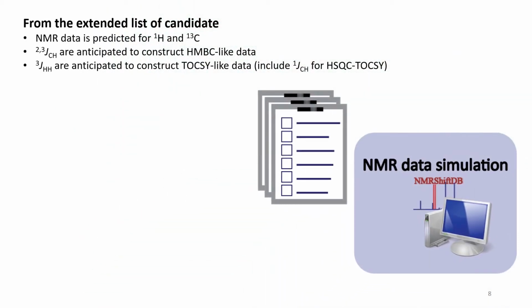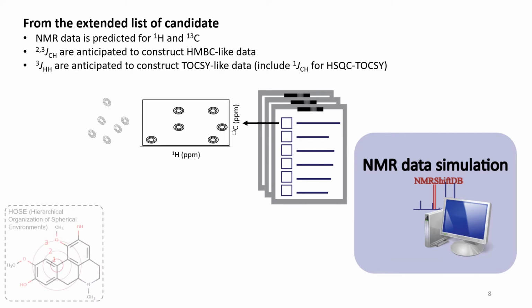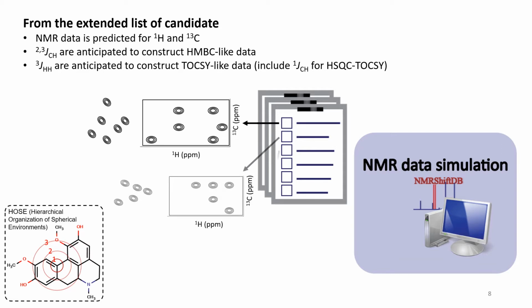Then from that extended candidate list, their NMR data is predicted using an NMR shift database method, and both HMBC and HSQC-TOCSY correlations are anticipated. Note that this is a key step for the whole approach. The accuracy of the predicted method depends heavily on the database.